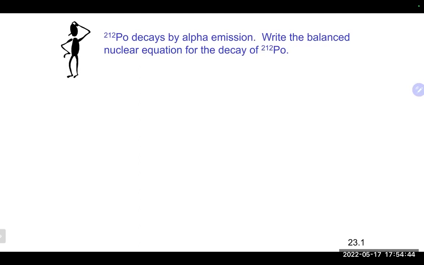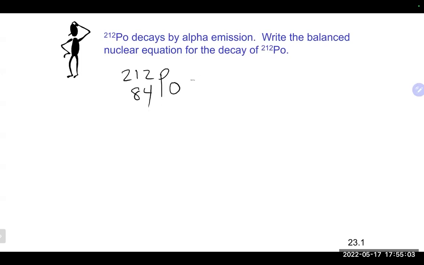So first off, we are starting with 212 Po here. 212 is the mass number. We could go to the periodic table to fill in our atomic number. If you do, it looks like it's an 84 there. It is going to decay by alpha emission.